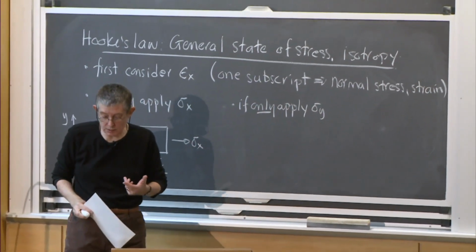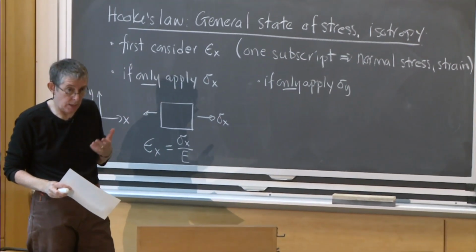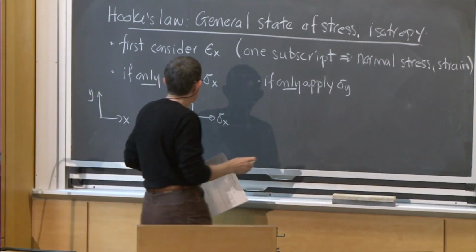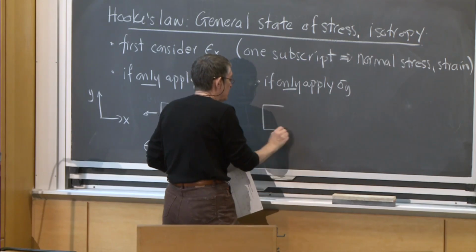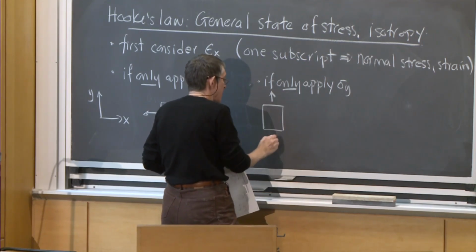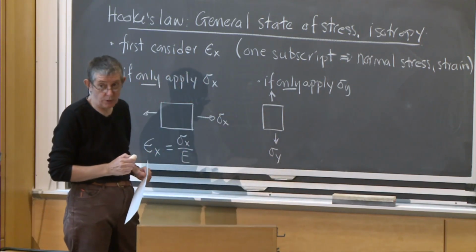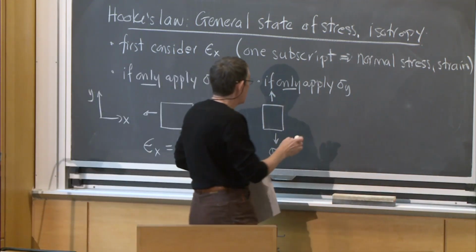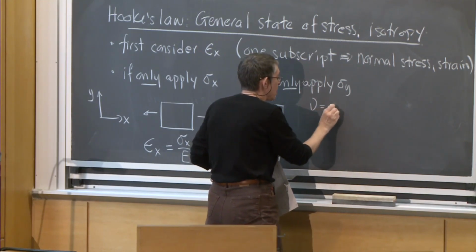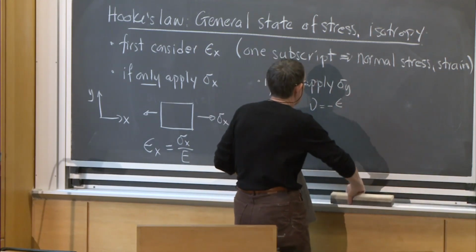And now next thing, what if I only apply sigma y and I want to figure out what epsilon x is? So if I'm only applying sigma y, now I'm doing that, but I want to know what epsilon x is. And I use my Poisson's ratio.